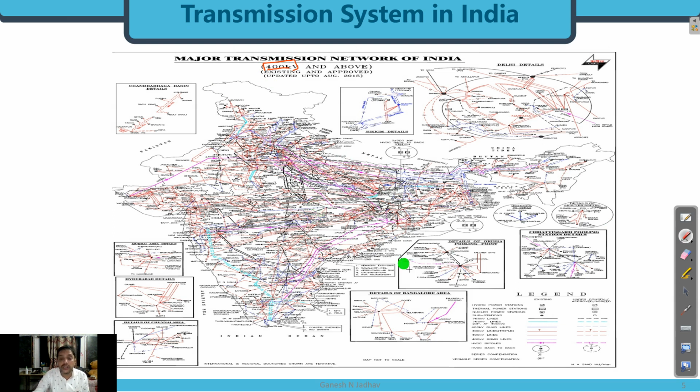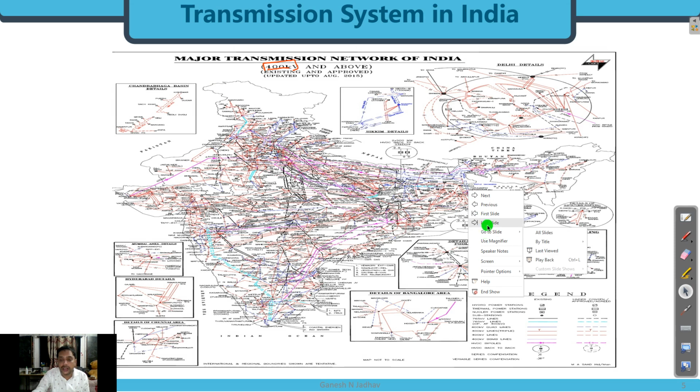Such a huge network is there. So let me zoom in somewhat. I'm magnifying, so you can observe that lots of transmission lines exist in India, just like your roads. These are the transmission lines which are available in India.